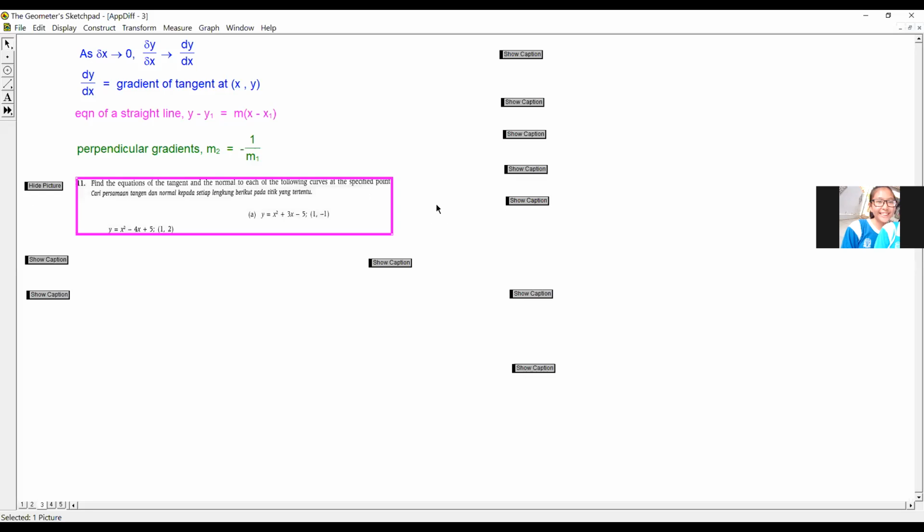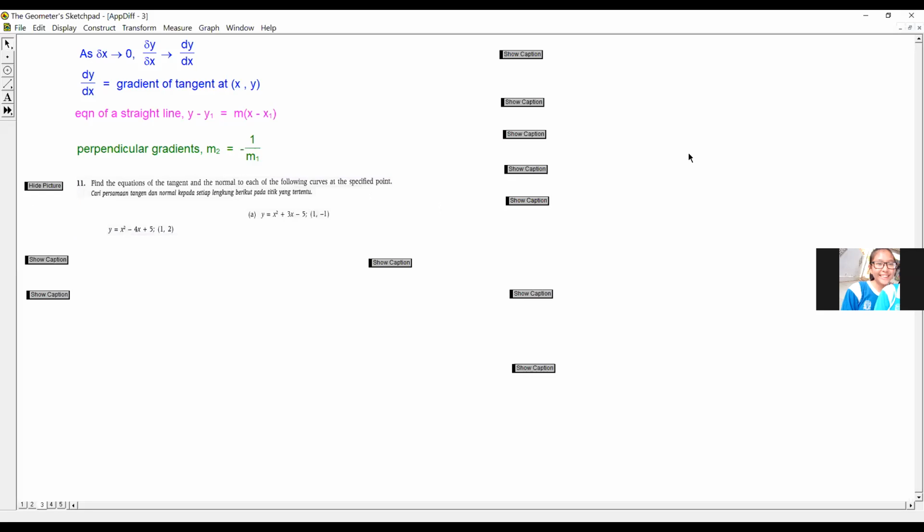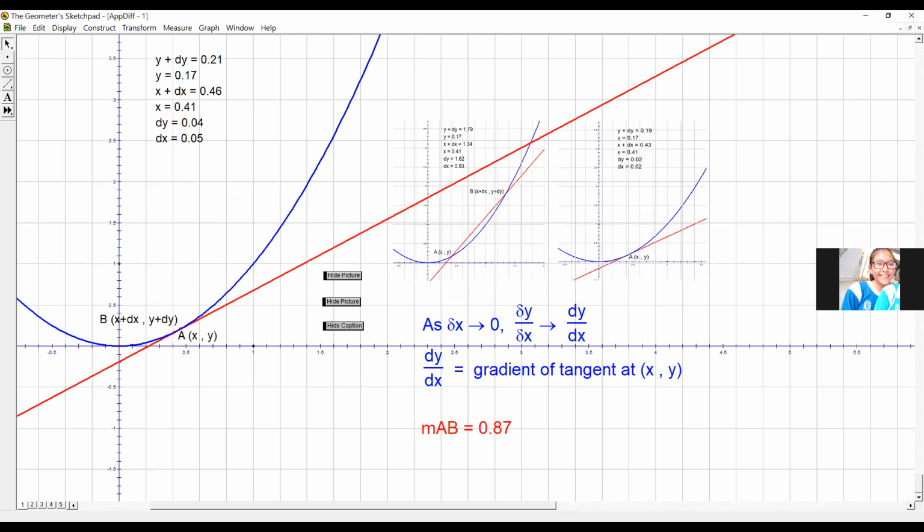Question. Find the equation of tangent and normal to each of the following curves at a specific point. What they want you to find. So we go back to the graph. The equation of the curve is the blue line.